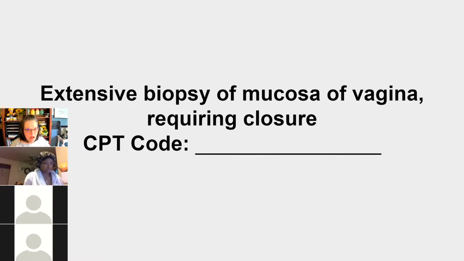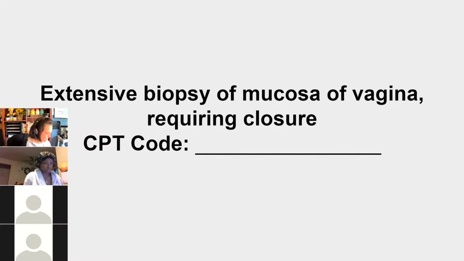All right, so here's our next one. Extensive biopsy of mucosa of vagina requiring closure. So what is our key term? What do we need to look up in the index? Madeline, do you know what we need to look up in the index? What did we do? I would say the biopsy.